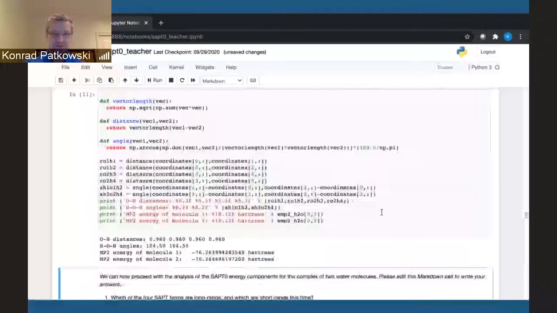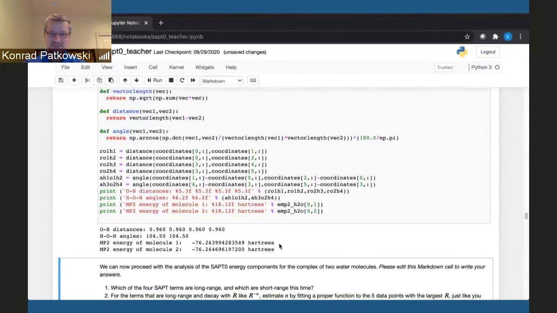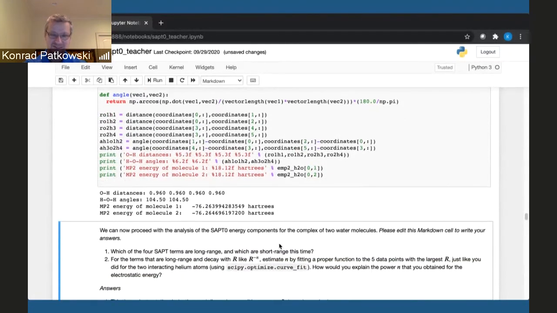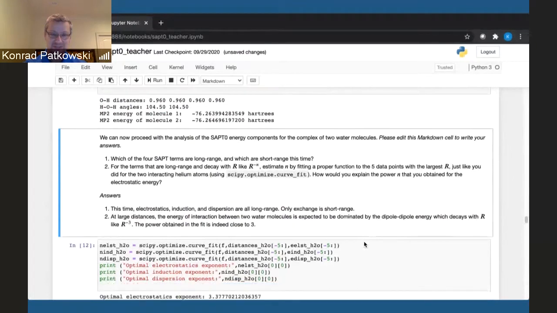That's all super quick. So the students can verify that, yeah, these two molecules look exactly the same, but there is a tiny difference in the energy of each, which we can track down to the dimer basis and ghost basis centers.